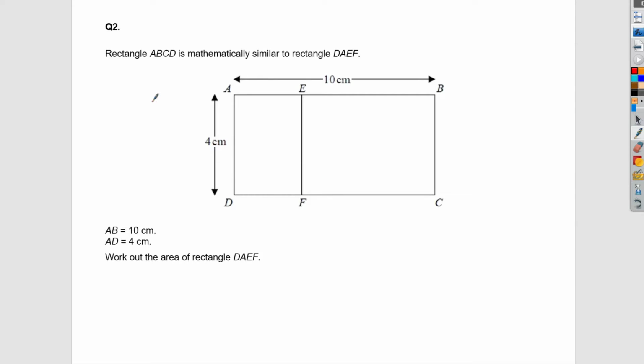Now what could be a good thing to do here, right? Okay, let's just work out this first of all. So AB is 10, then AD is 4. Okay, so what I'm going to do is draw the DAEF rectangle next to it. Let's just do that.